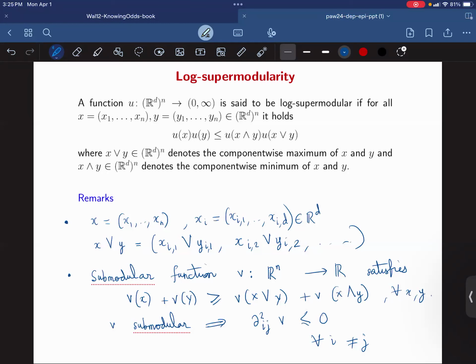So you need that pointwise. So this is a local characterization of submodularity.